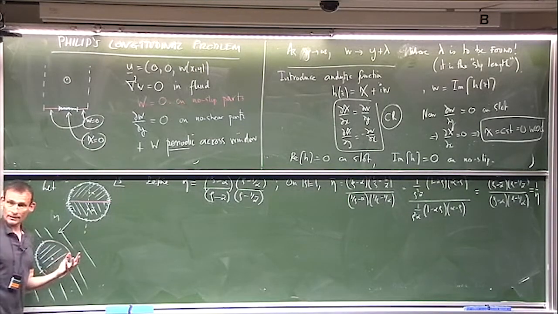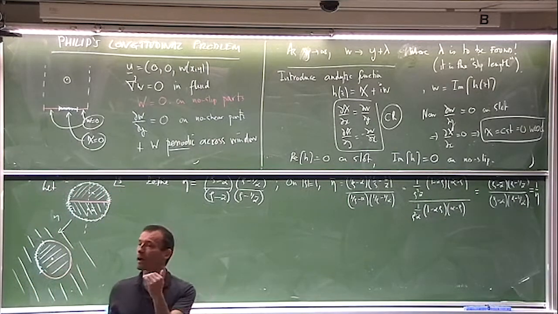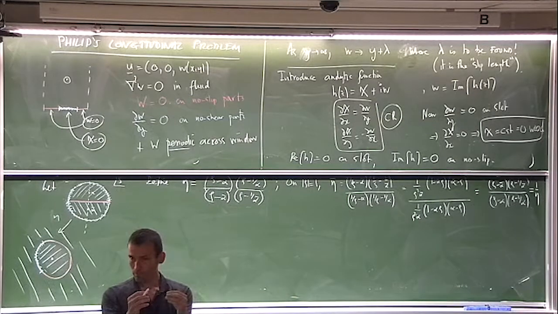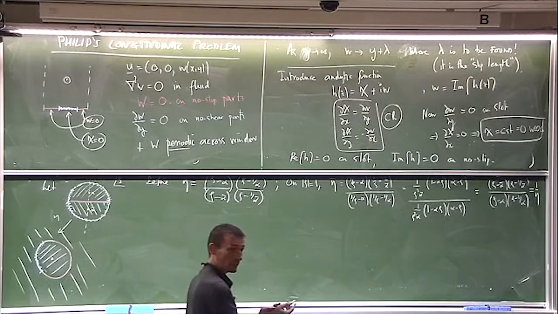So do you know what this is? This is like a circular arc Tchaikovsky map. Remember the Tchaikovsky was to a flat plate. This is very similar, except it's to a circular arc, a portion of the unit circle.